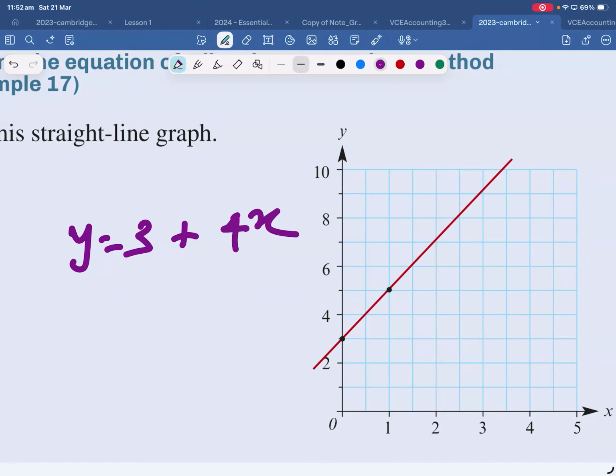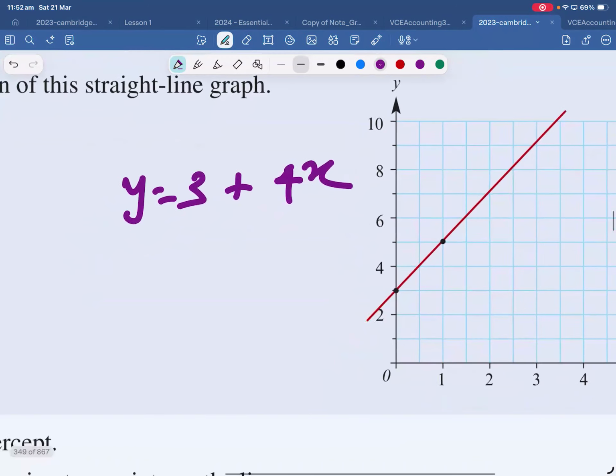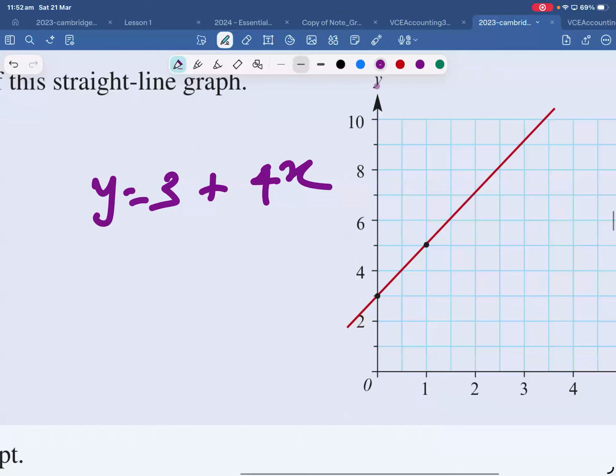What coordinates did you get? The first one is 0, 3, which is this one. And I did, oh wait, I did 7 instead of 5.